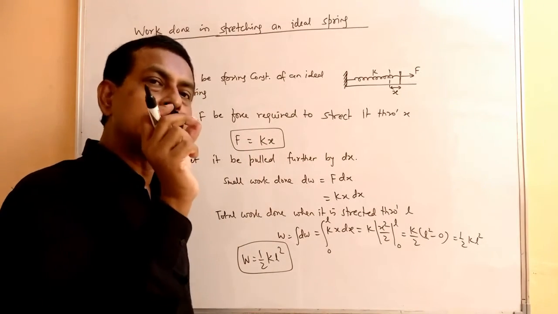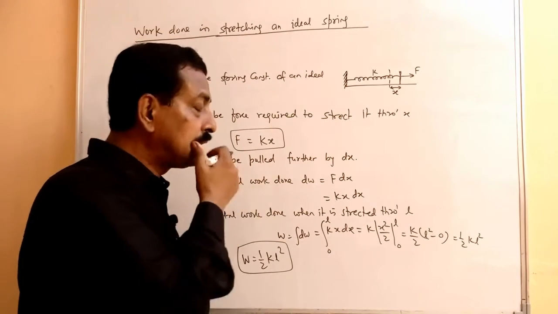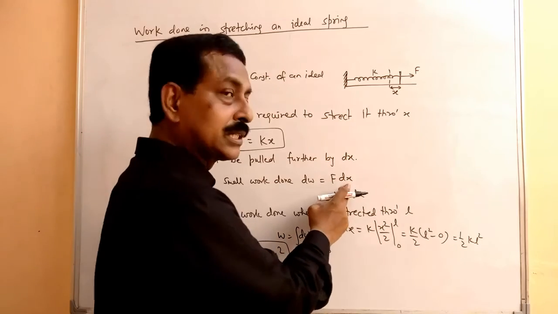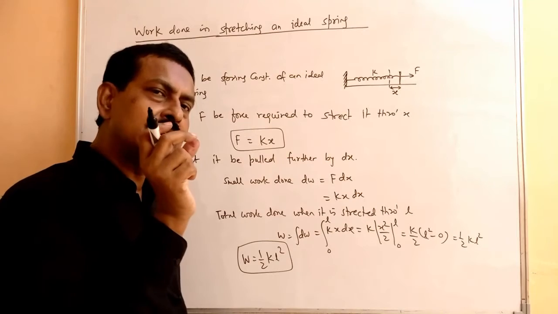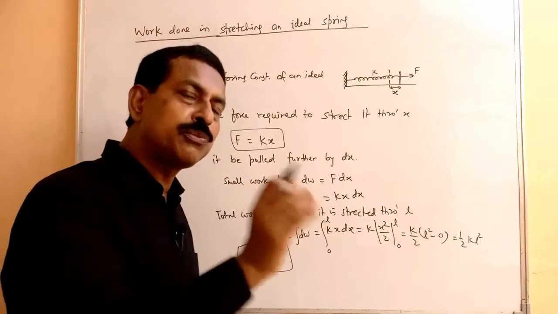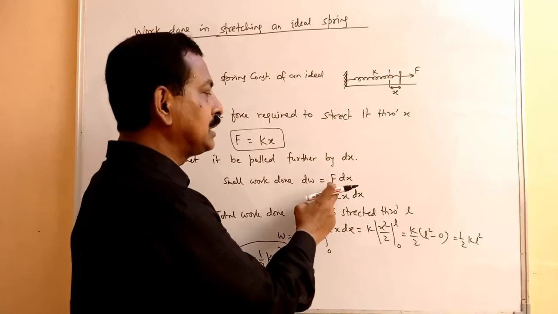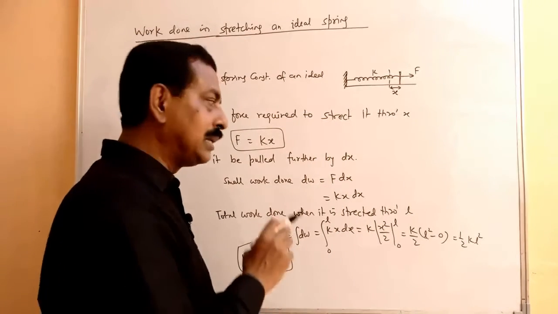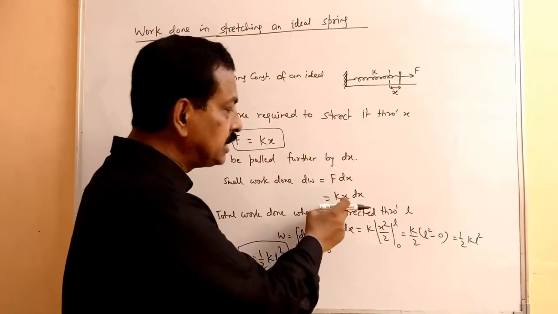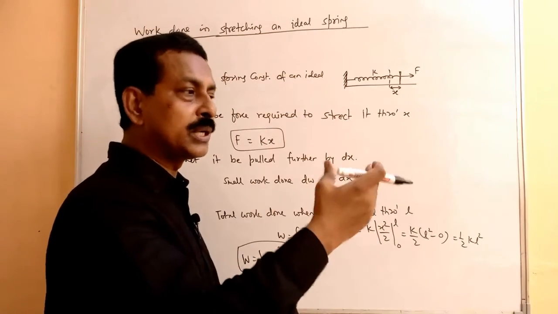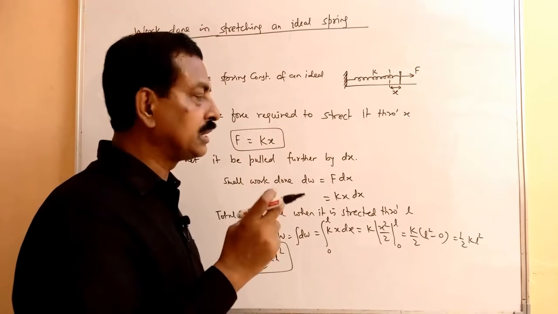You will have to find the change in the force there. If it is dx, it means we are taking a very small change in the length over which we can assume the force to be constant. So we have taken this as F dx. And then we have written the expression for force at a particular distance, or a particular stretching.